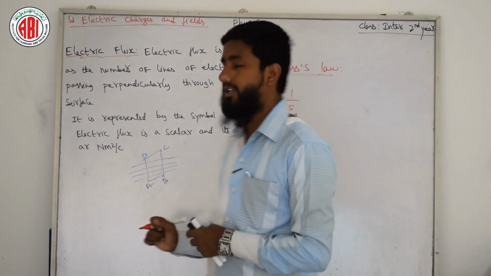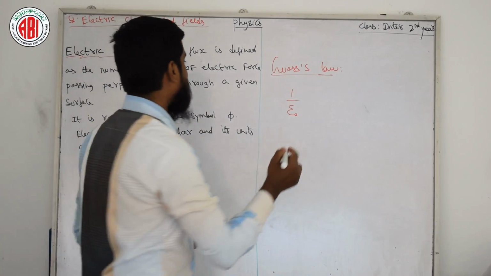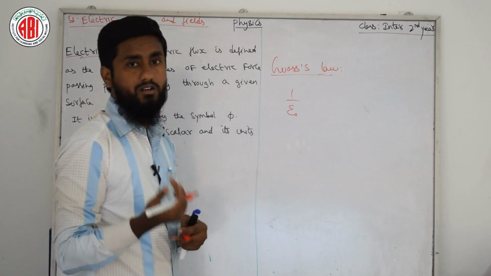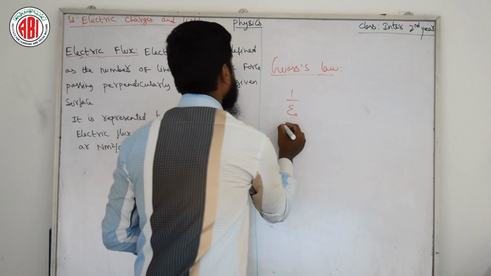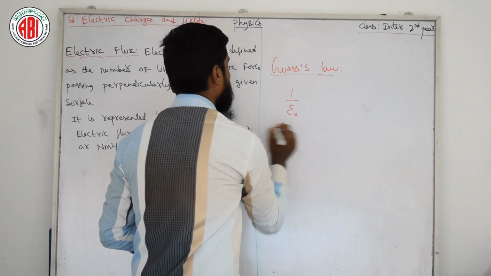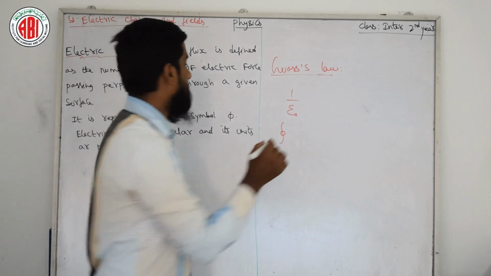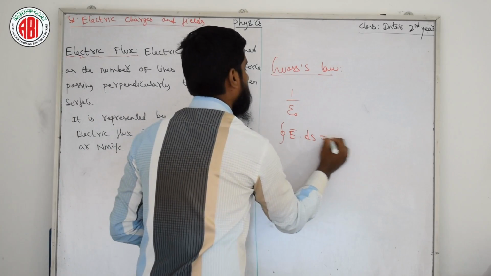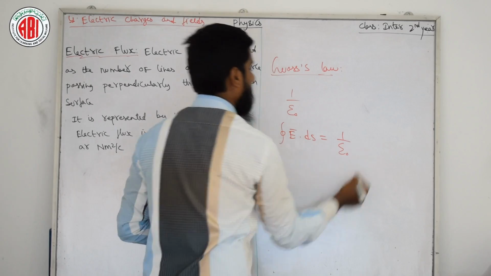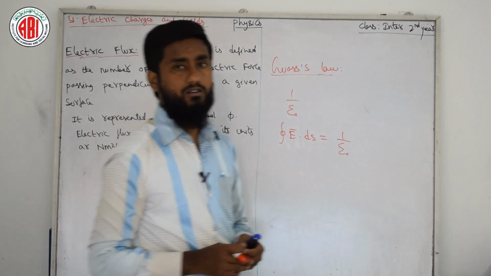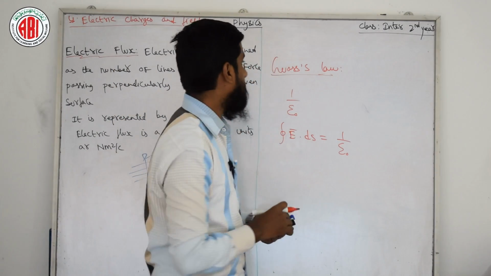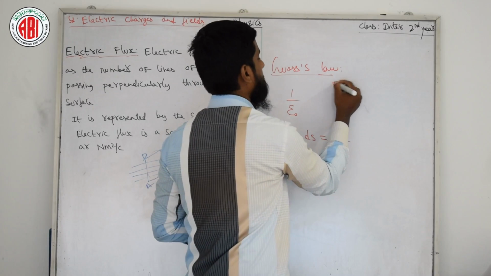The complete law is the integral of E dot ds equals 1 by epsilon naught times q. This is the Gauss law related to electrostatics.